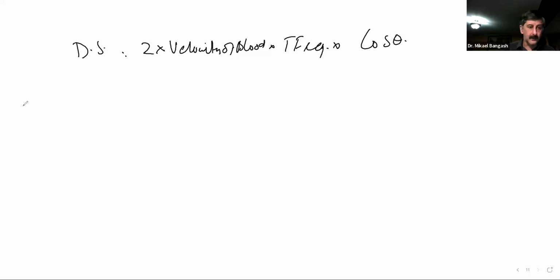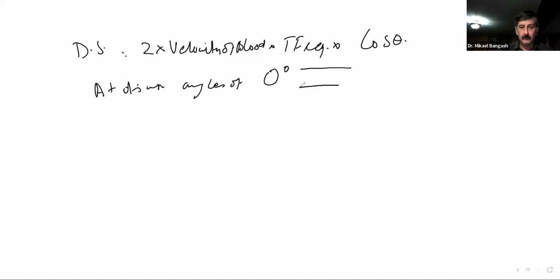Now guys, the important point is that it is at angles of 0 degrees. What do we mean by an angle of 0 degrees? For instance, if the blood was flowing this way and we were scanning from here.